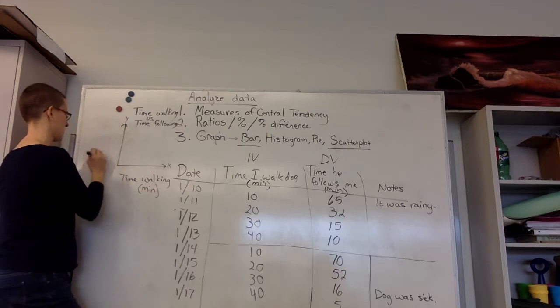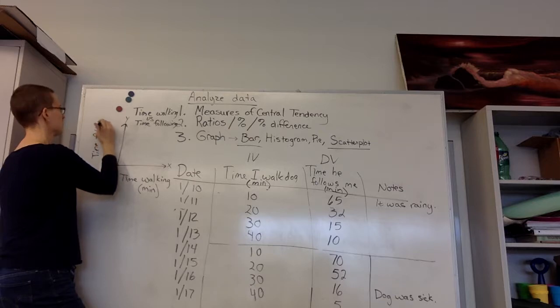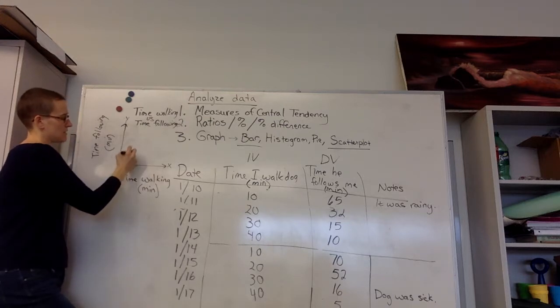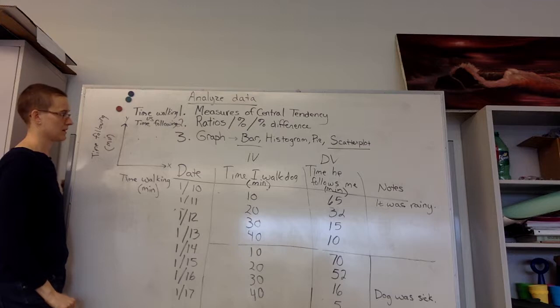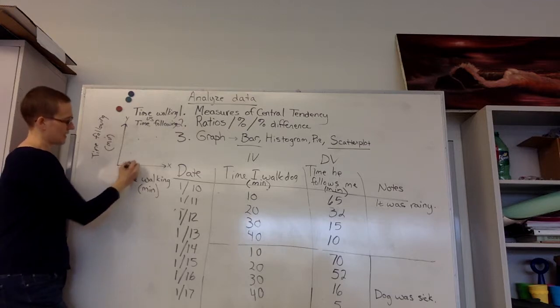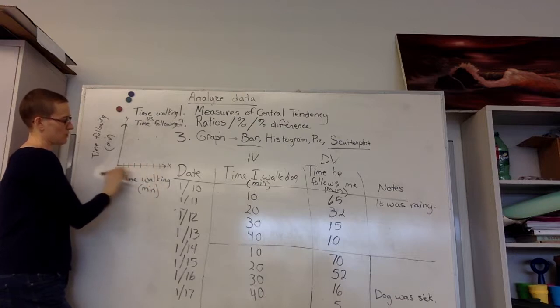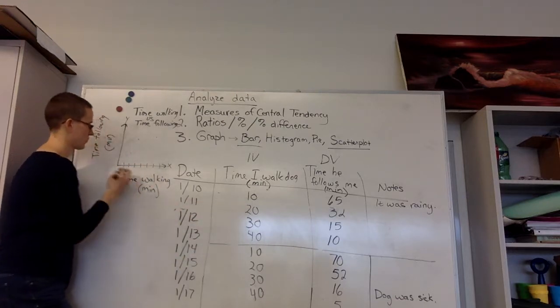And over here, the time that my dog followed. And again, I measure this in minutes. Then I'm going to have a series of points here because I'll have my different numbers here. So you'll have to figure out what your range of numbers is and how to best fit it on your graph. Here I have 10, 20, 30, 40.